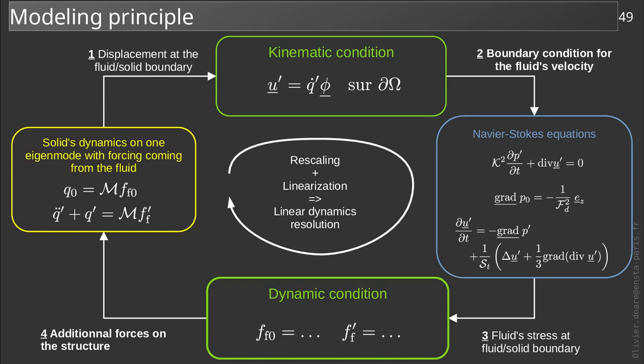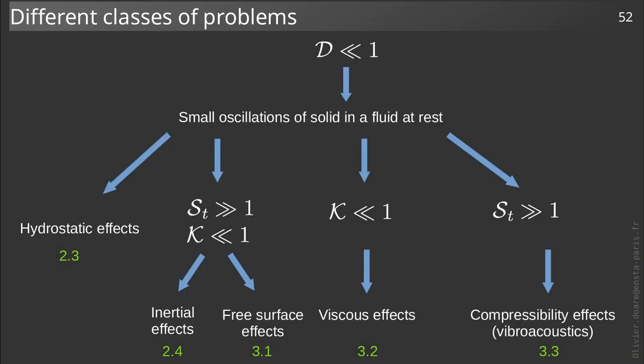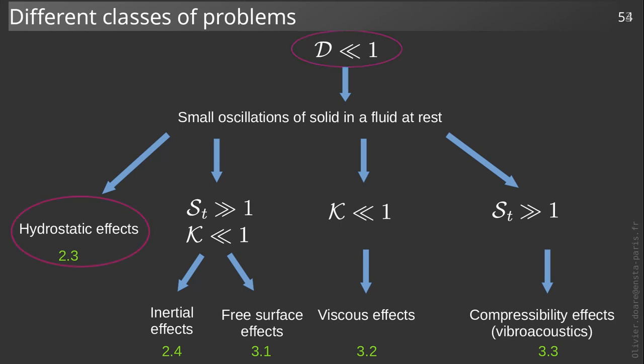In our general fluid structure interaction problem, we have succeeded in implementing the scaling in the previous video, as well as the linearization of this equation in the present video. Let's have a look at the program that is waiting for us now. Now that we have implemented the linearization of the equation, we will be able to analyze different effects of the fluid. Focusing on the stationary terms of the fluid force, we will first show hydrostatic effects.